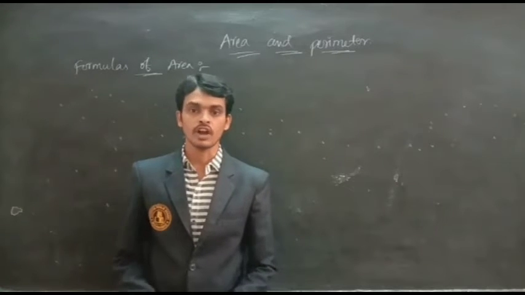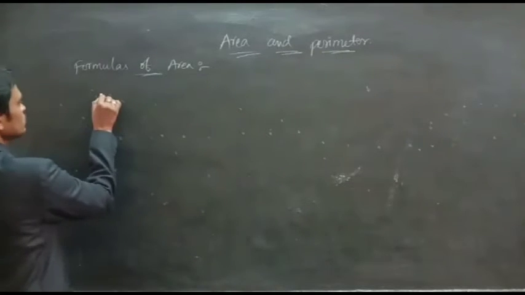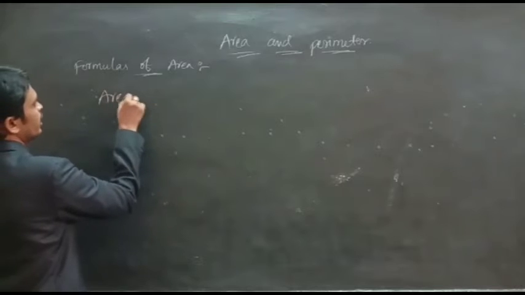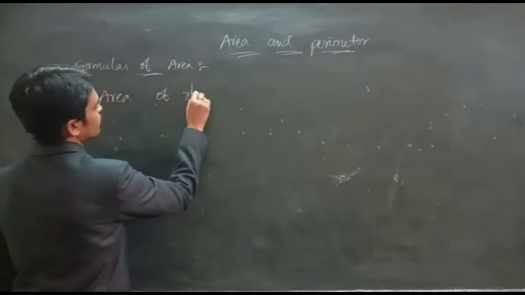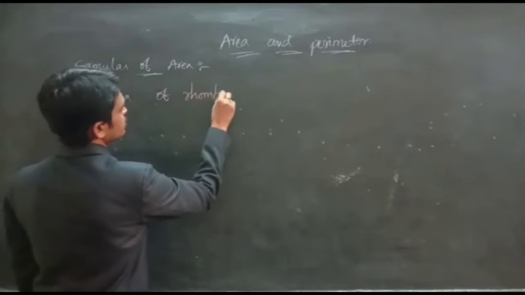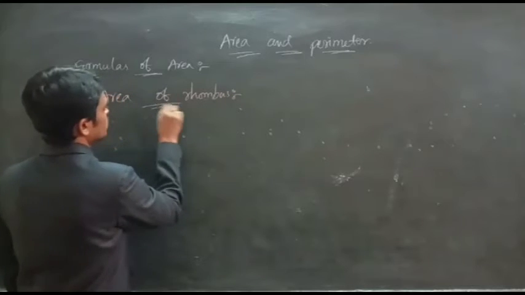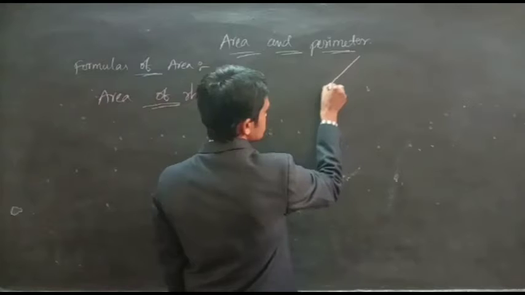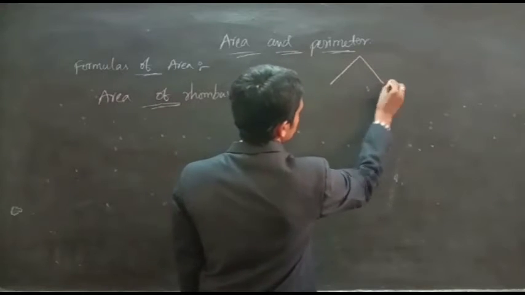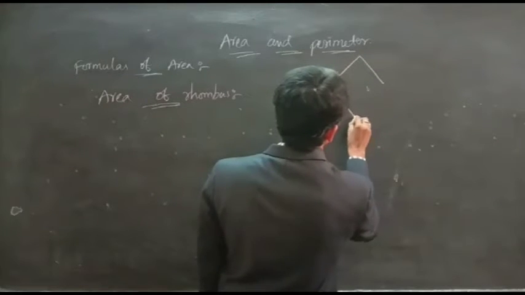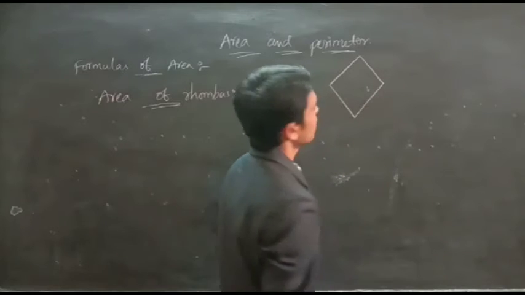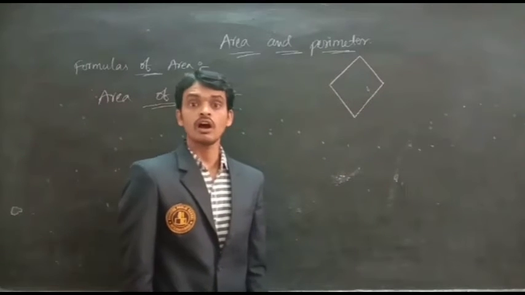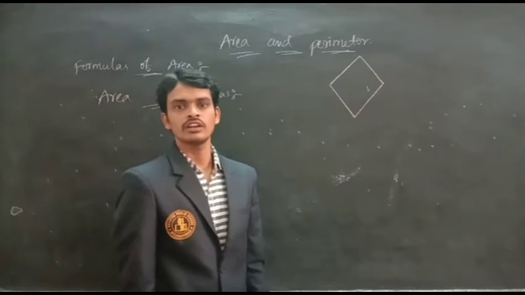Now, area of a rhombus. So let us draw the diagram of a rhombus. In a rhombus, all sides are equal.